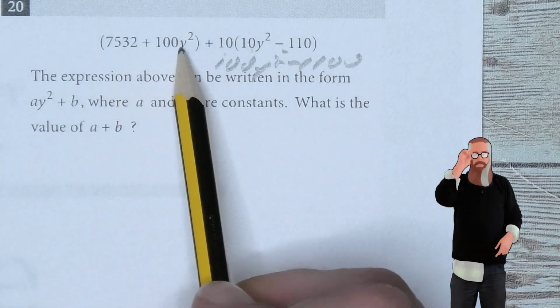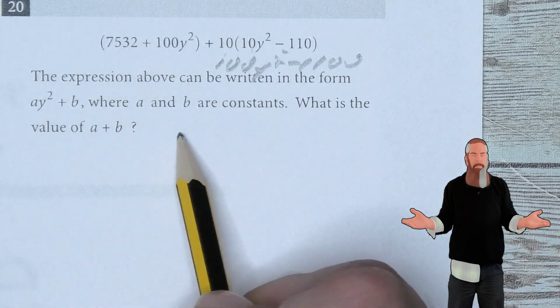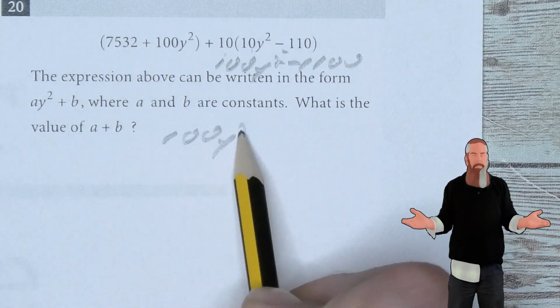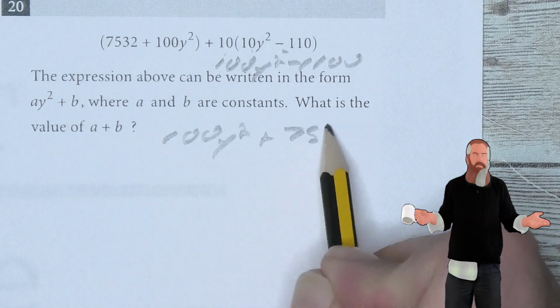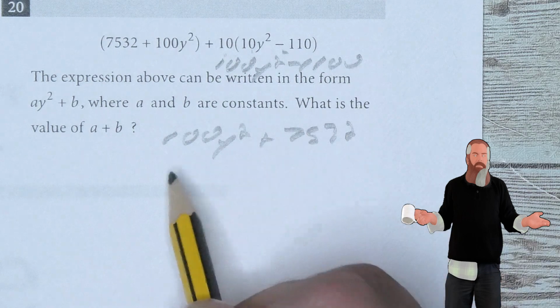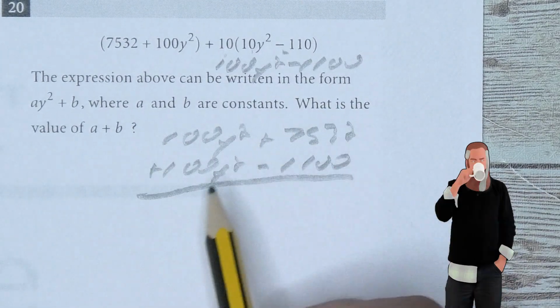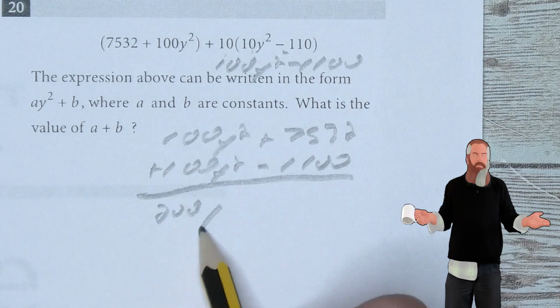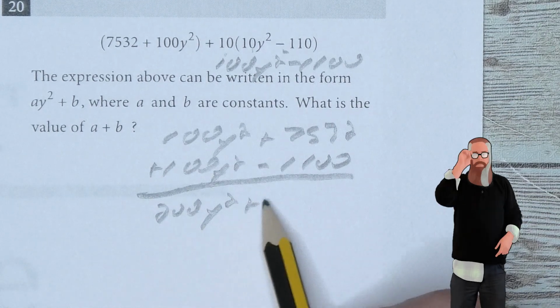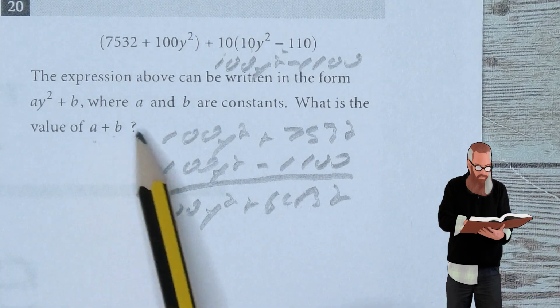Now I'm going to rewrite this first term or expression without the parentheses so that I have 100y squared plus 7532. Now I have a plus 100y squared minus 1100, and by combining like terms, I'm going to get 200y squared plus 6432. Now we want to know what a plus b is.